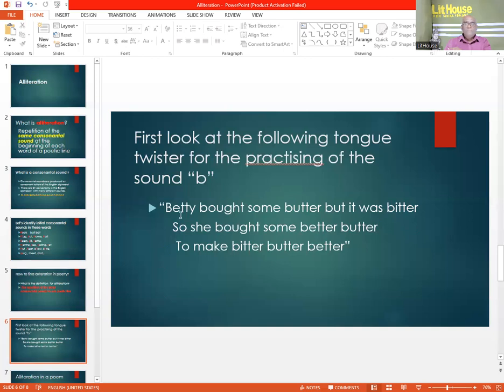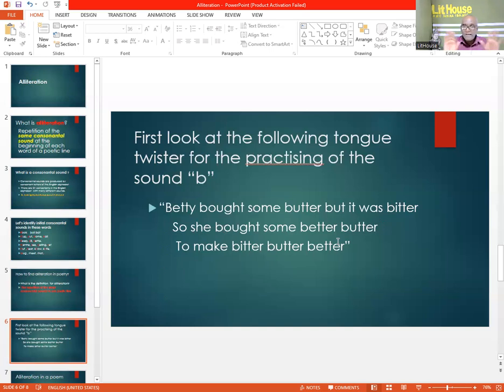Now read this. Betty bought some butter, but it was bitter. So she bought some better butter to make bitter butter better. What is the common consonant sound you heard? Read it loudly.